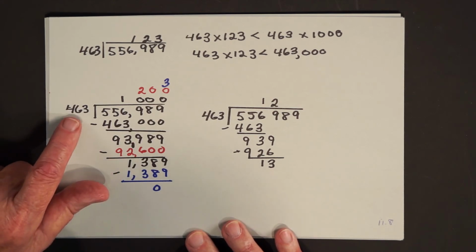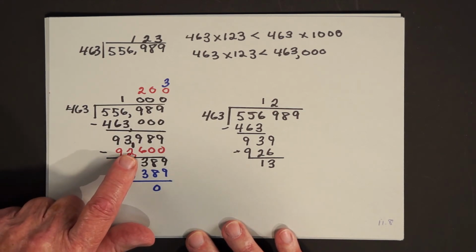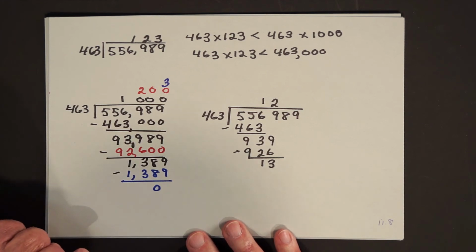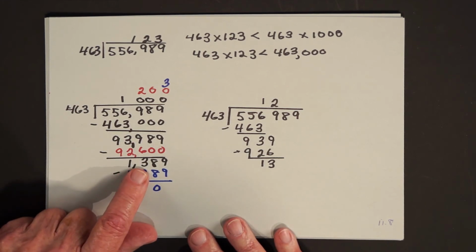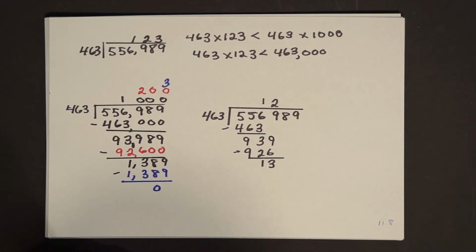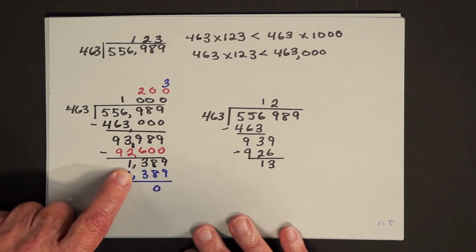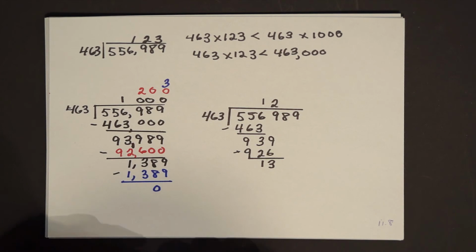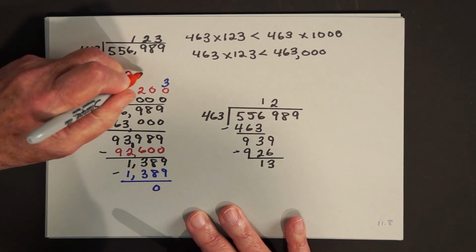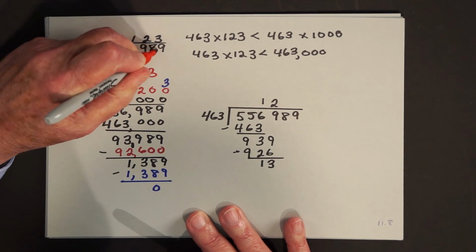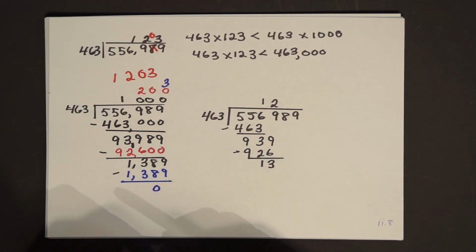And 200 463s are 92,600, and that leaves 1,389. And from 1,389, all you can do is take out 3 more. And so the correct answer is 1,203. And what happened over here is we omitted a 0.